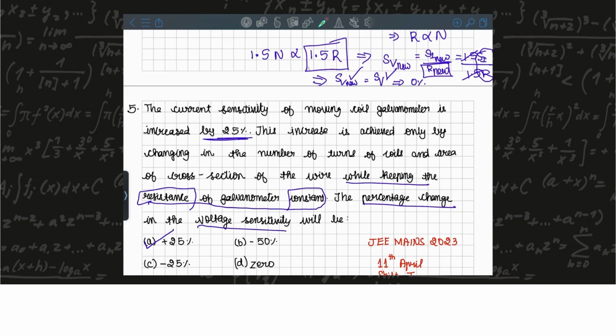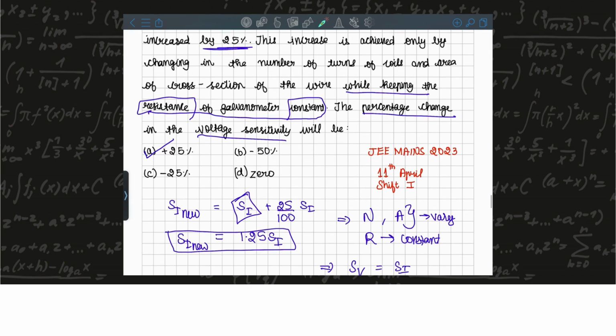But there are some places like they have given resistance of the galvanometer to be constant. If you did not see this constraint, then you might have ended up with the same answer as 0, as we saw in the previous question. So always read the question twice, understand it, and then solve it quickly.